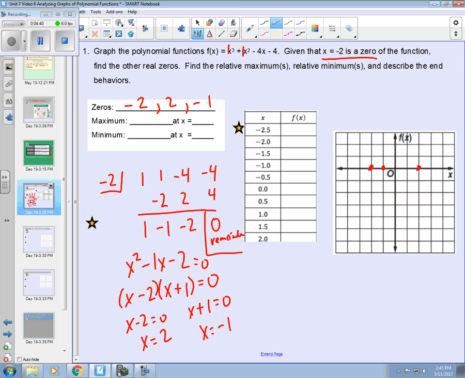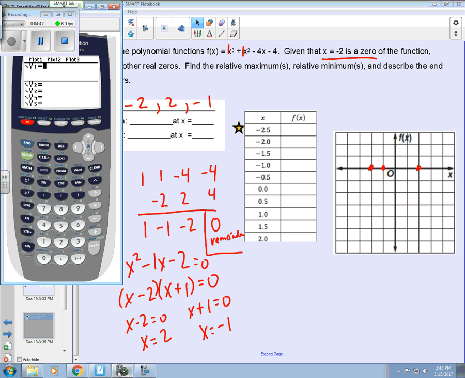Now another way of doing this is also to use your graphing calculator, and it should give us the same points here. If you go on the graphing calculator, hit your graphing button and type in this equation.